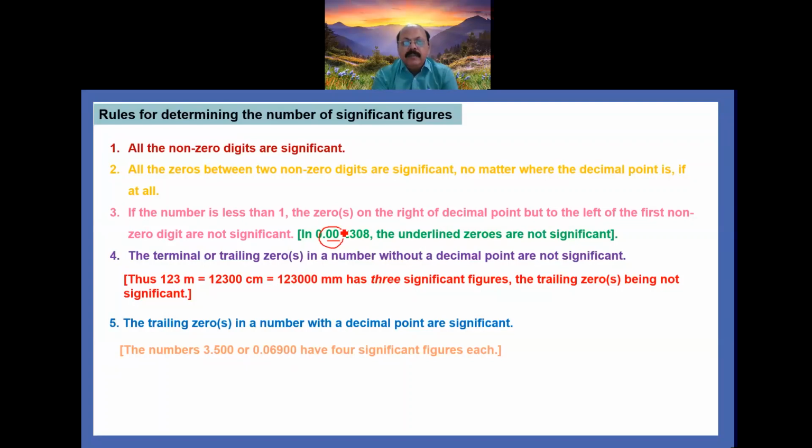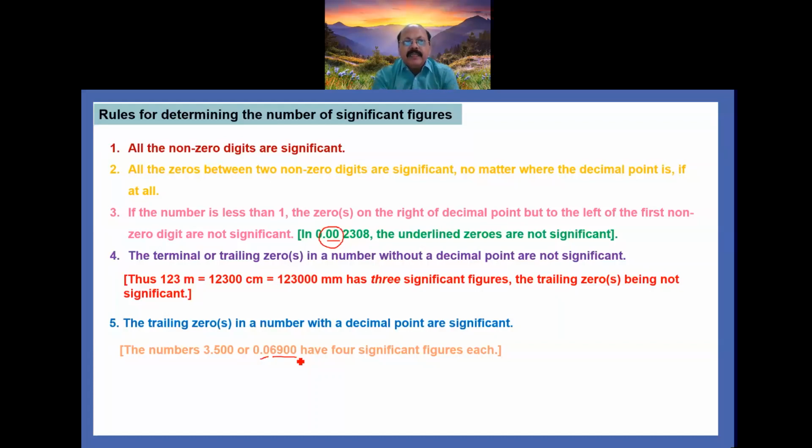Similarly, take a number less than 1, 0.06900. Here you have to apply two rules, the third and the fifth. The number is less than 1, so the zero on the right side of the decimal point, left of the first non-zero digit, is not significant. So this zero is not significant. So that's why it has 4 significant figures. So both have 4 significant figures.